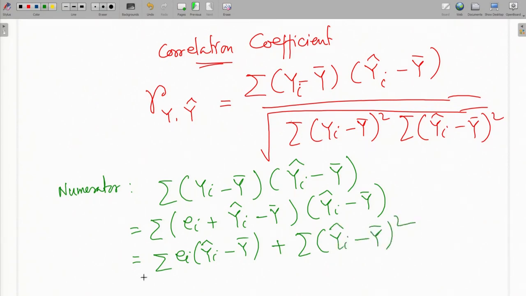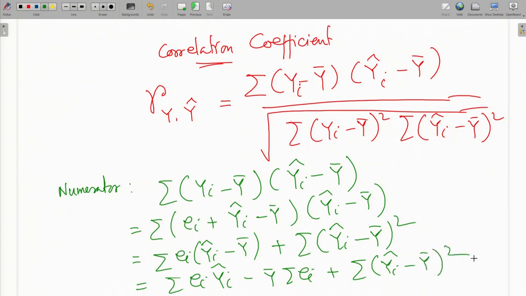Now, if I further expand, I will take yi hat out, summation ei, plus summation (yi hat minus y bar) square. Going by the same logic from the derivation we have done previously, this one is going to be 0 and this one is also going to be 0.